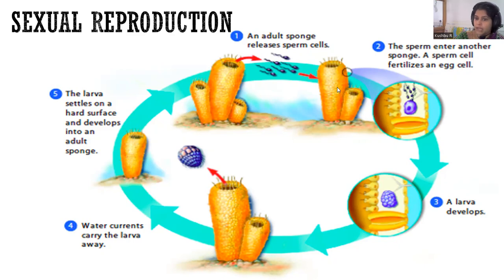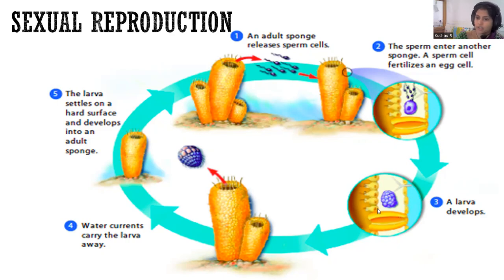There is only one egg cell produced, but numerous sperms are produced. So these numerous sperms go and attack the egg cell, where the fittest one fertilizes the egg cell, and the zygote is produced, and larvae are produced.